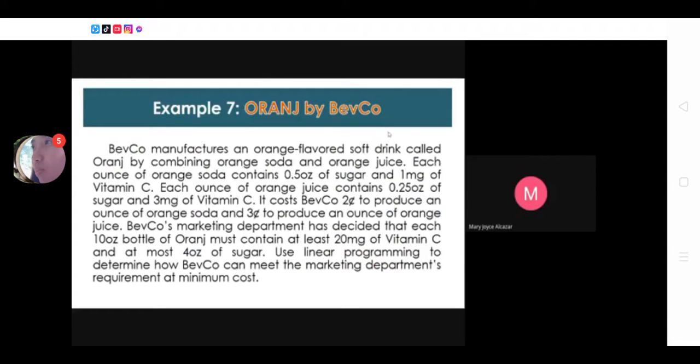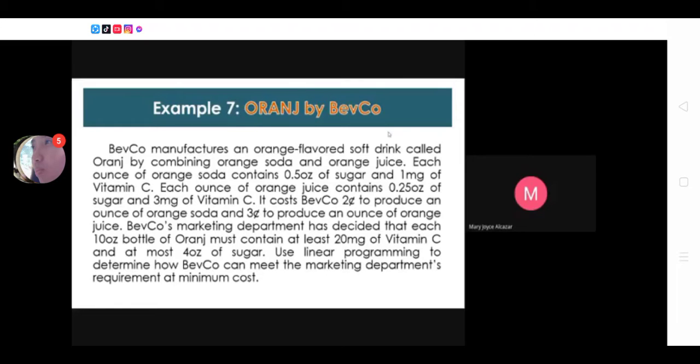So for the solution, we will use example number 7, Orange by Bevco. This is from Module 2. Bevco manufactures an orange-flavored soft drink called Orange by combining orange soda and orange juice. Each ounce of orange soda contains 0.5 ounce of sugar and 1 milligram of vitamin C. Each ounce of orange juice contains 0.25 ounce of sugar and 3 milligrams of vitamin C. It costs Bevco 2 cents to produce an ounce of orange soda and 3 cents to produce an ounce of orange juice.